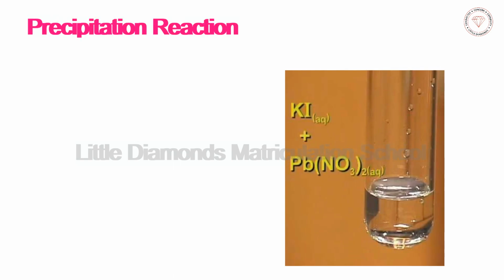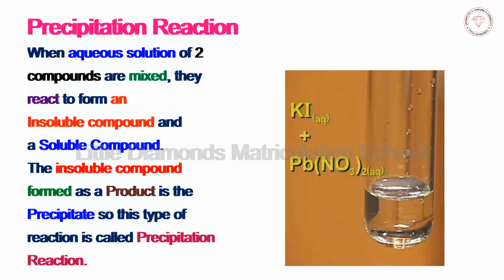Precipitation reaction. In this type of reaction, when aqueous solutions of two compounds are mixed, they react to form an insoluble compound and a soluble compound. The insoluble compound formed as a product is the precipitate. So, this type of reaction is called precipitation reaction.